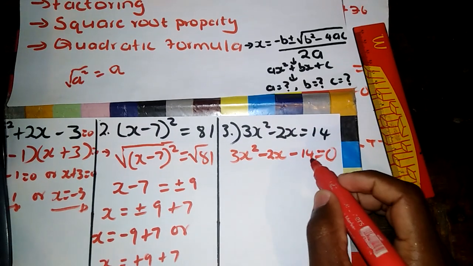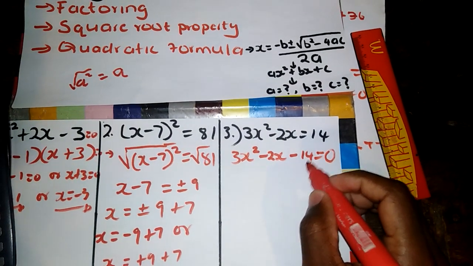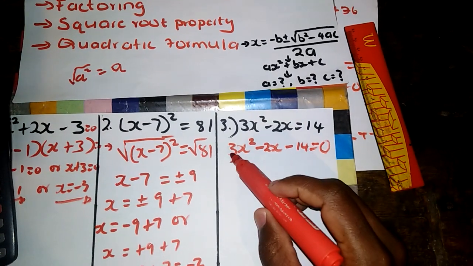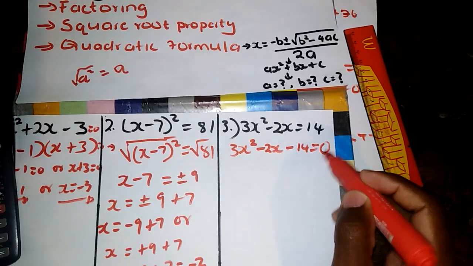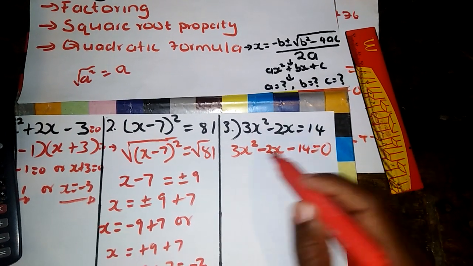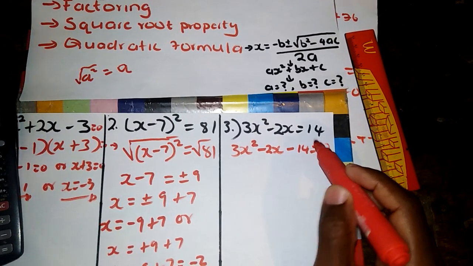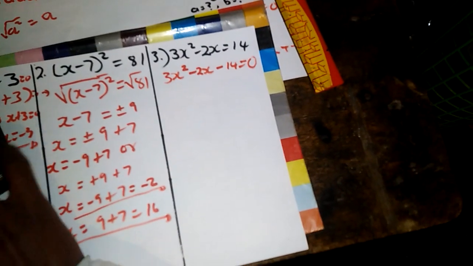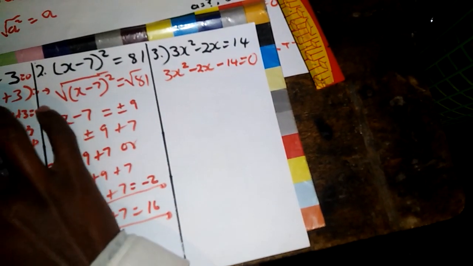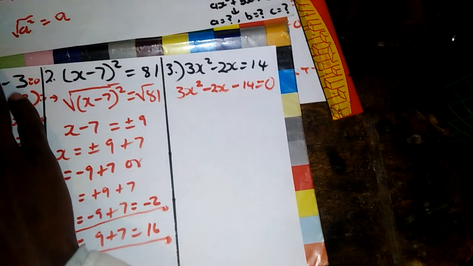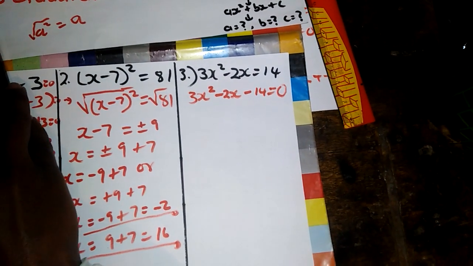Are there any factors for 14? There's 14 times 1 and 7 times 2. So if I say 3 times 7, that's 21.